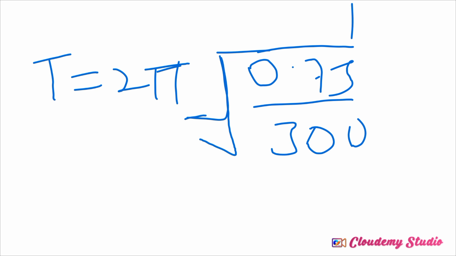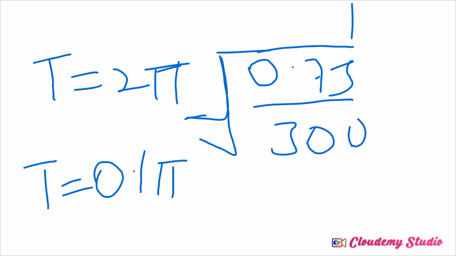Let me get my calculator. 0.75 divided by 300, square root of that, multiplied by 2 pi. T is equal to 0.1 pi. You already know the value of pi is 3.142, so you can leave it in terms of pi, it depends on the options.